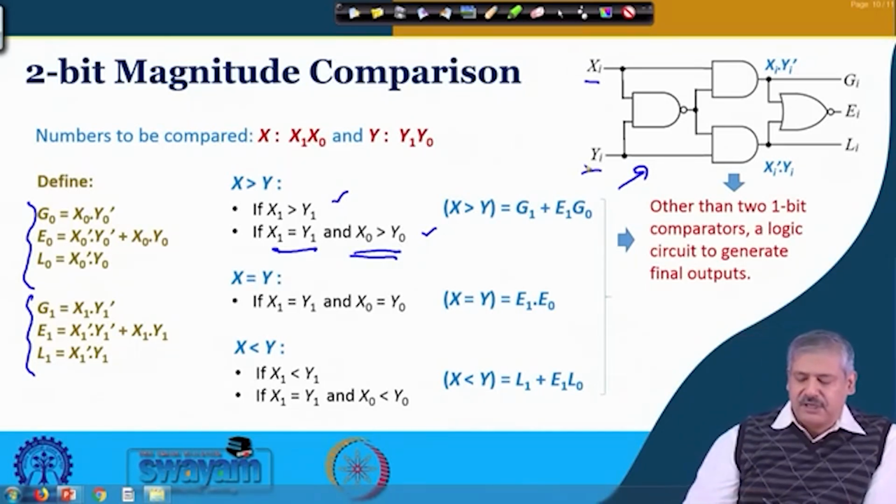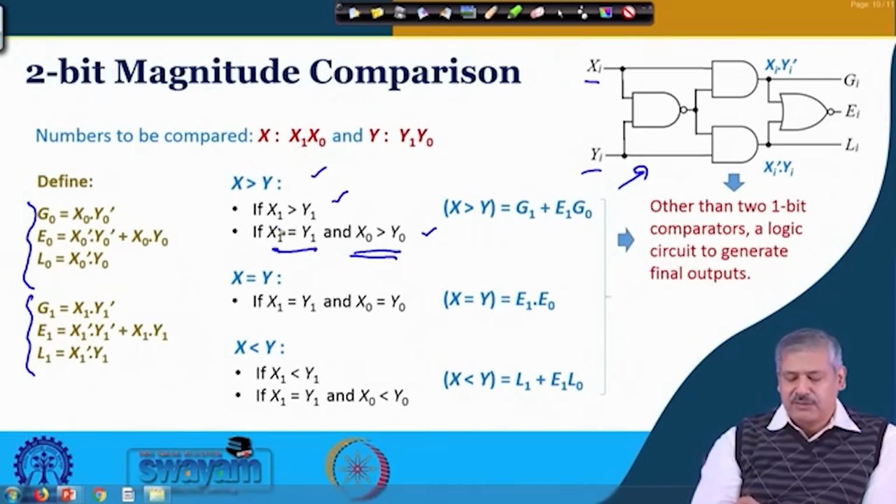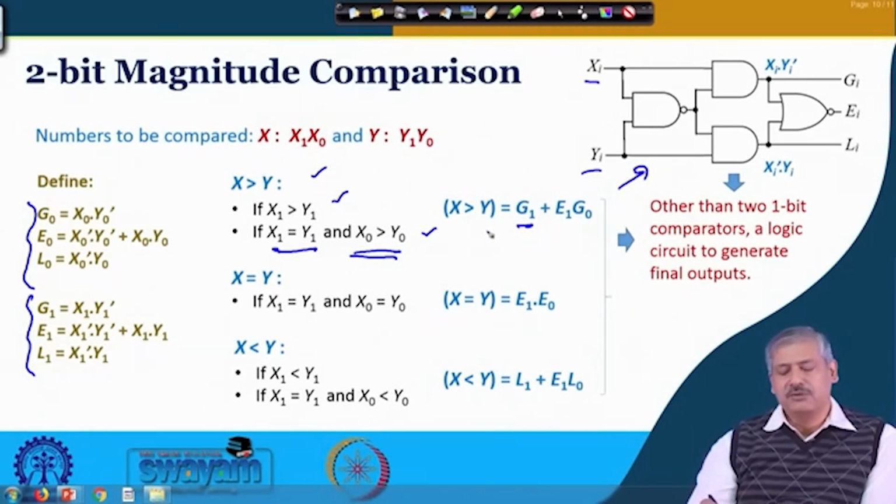Now, if we look at this x greater than y thing, x1 greater than y1 is your G1, it will be given by G1, right. So, if G1 is high, G1 is true, then x will be greater than y irrespective of the other things, right.